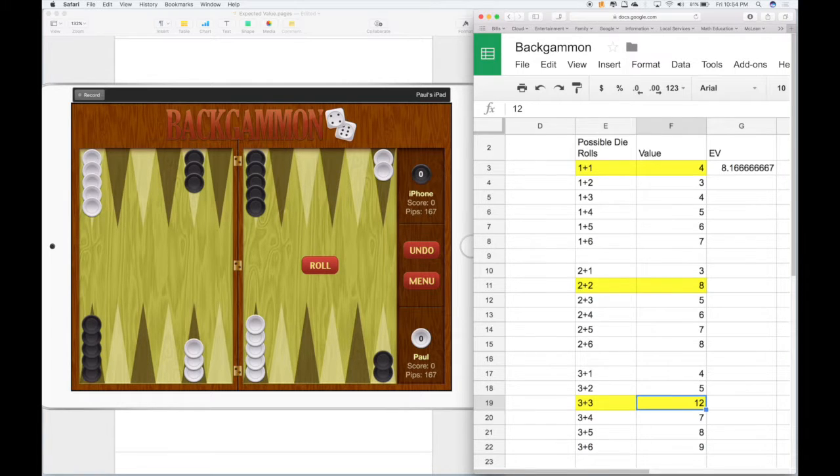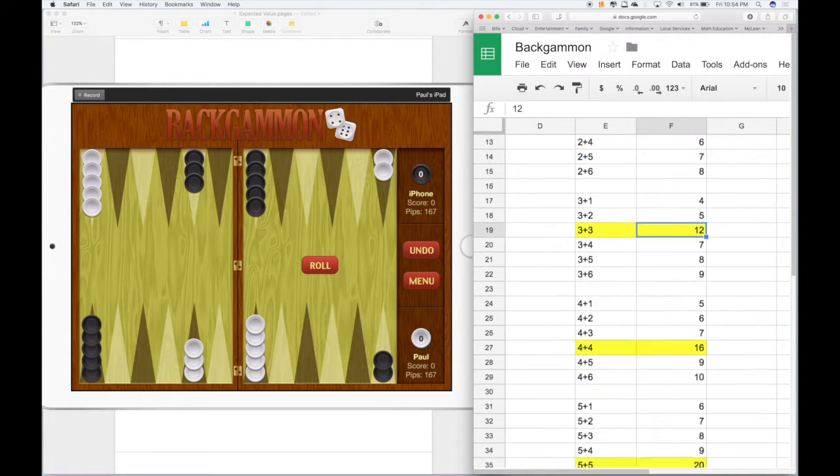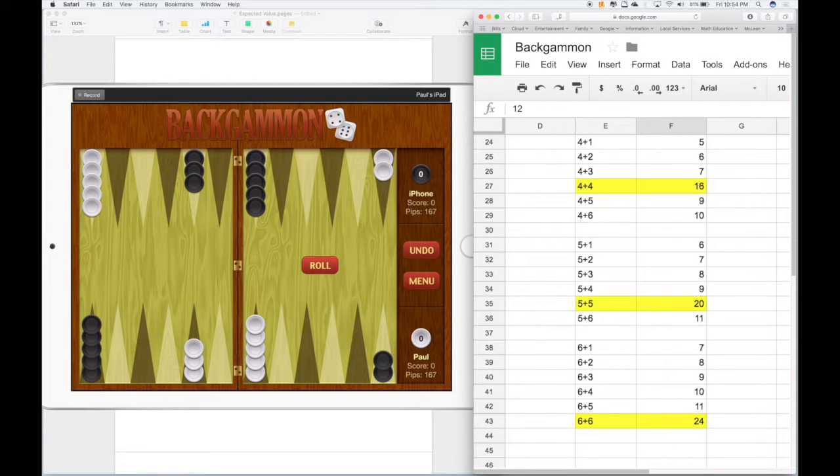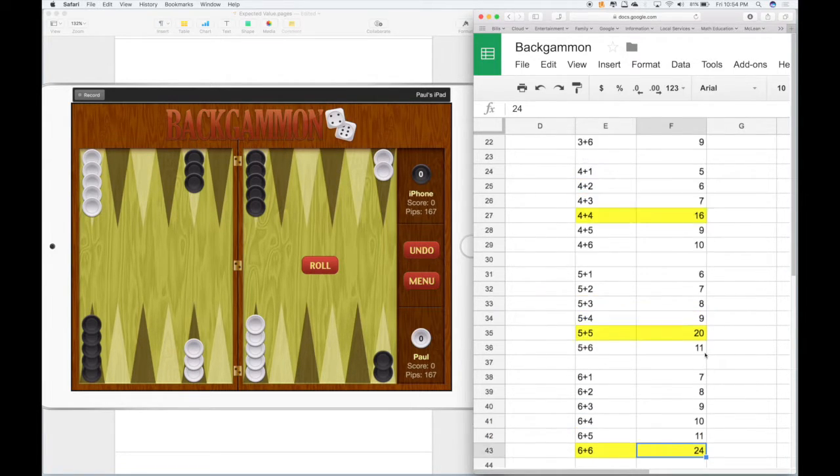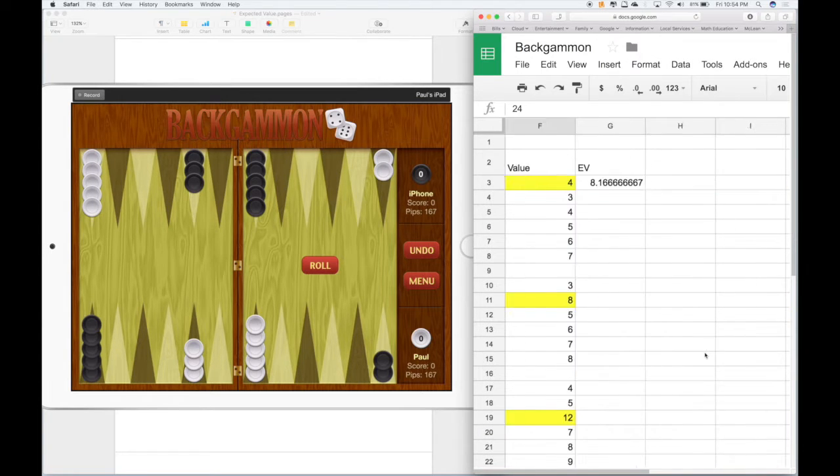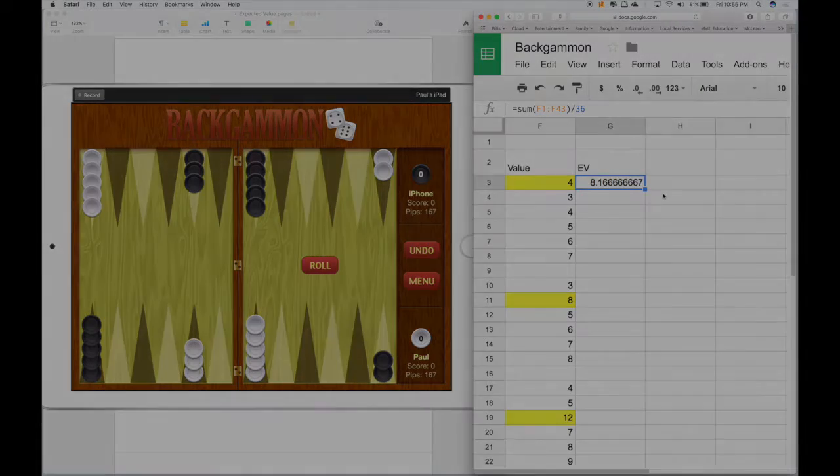So I add up all these values all the way down to the 6 plus 5 dice roll that gets me 11 points, and the 6 plus 6 roll that, because it's a double, gets me 24 spaces of movement. And I divided that by 36, and I determined that I should expect to average 8.16 repeating moves per die roll. I'm not sure if that'll happen.